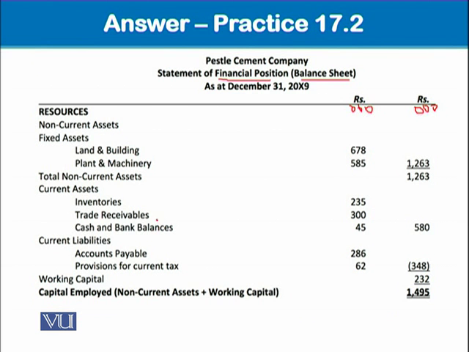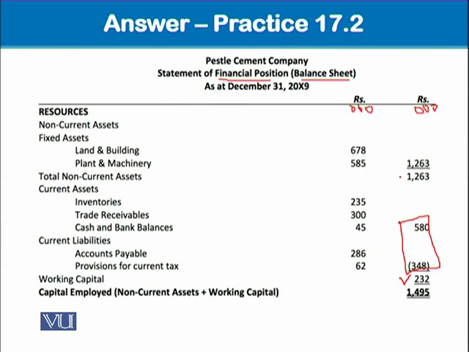Then come current assets: inventory, receivables and cash at bank. And then come current liabilities. We subtract current liabilities from the current assets, and this gives us the working capital figure.